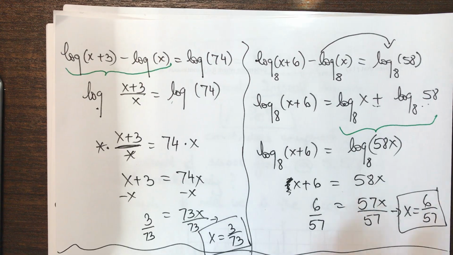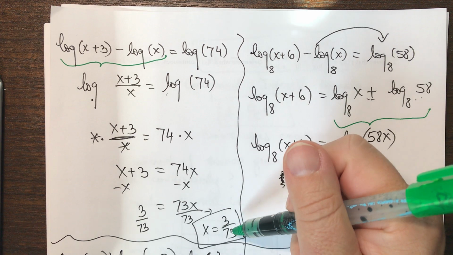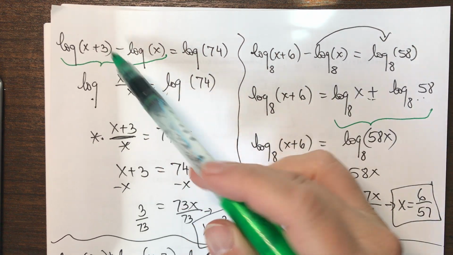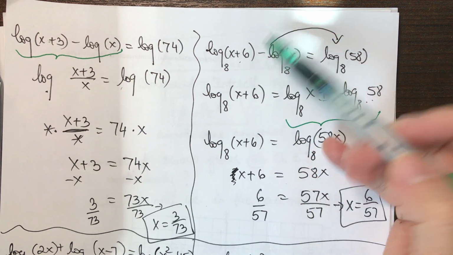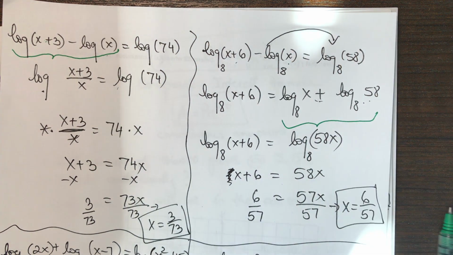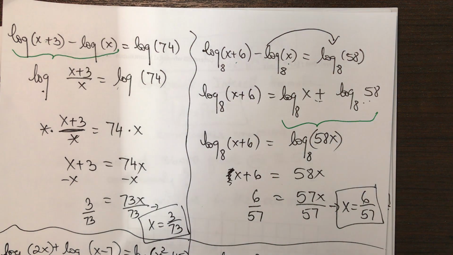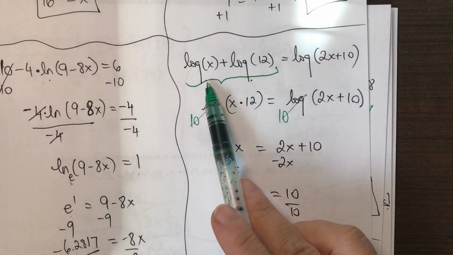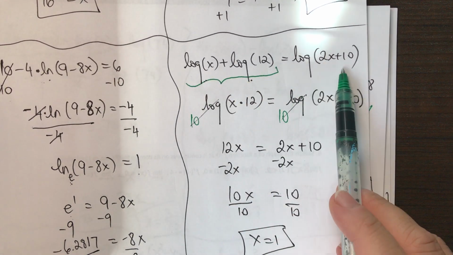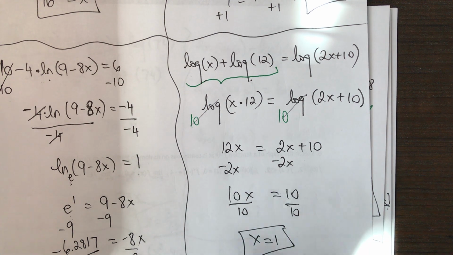So now let's go back. And again, this didn't happen. 3 over 73 plus 3 is positive. 6 over 57 plus 6 is a positive value. So all you want to do is make sure that none of the insides of your logs turn negative. We had a 1 answer here. Log of 1 exists. 2 times 1 plus 10 is positive.